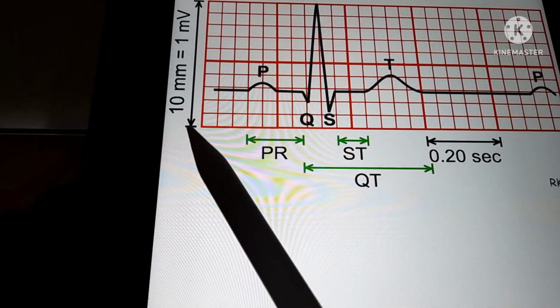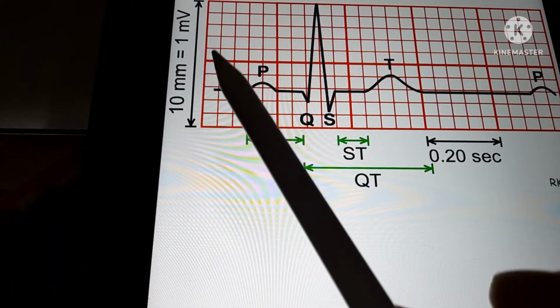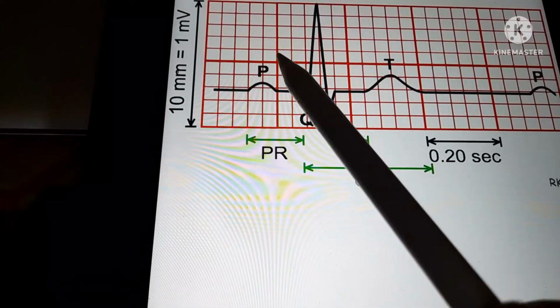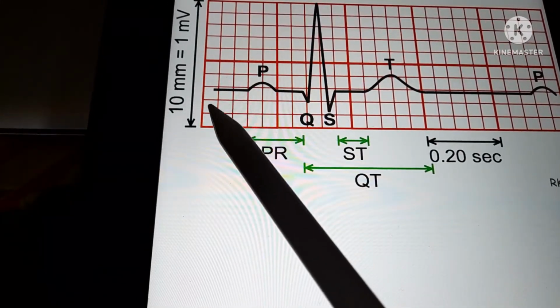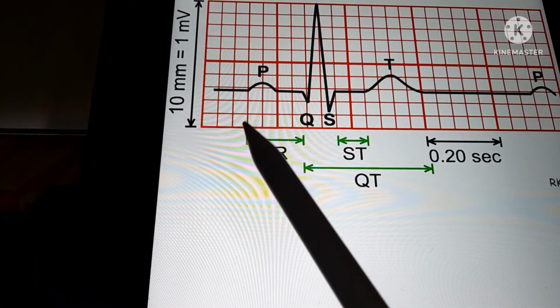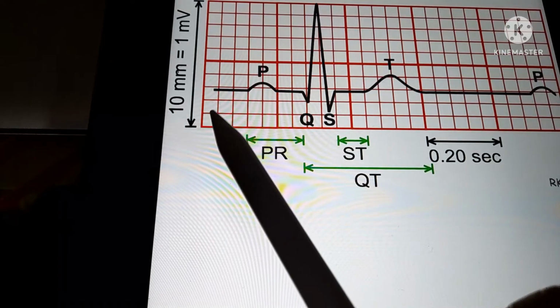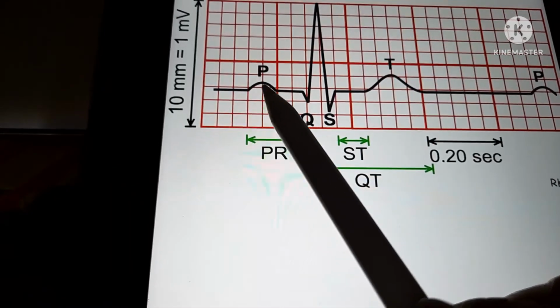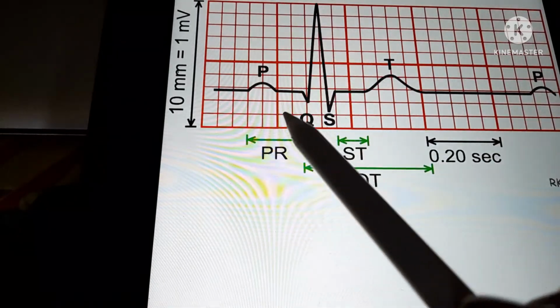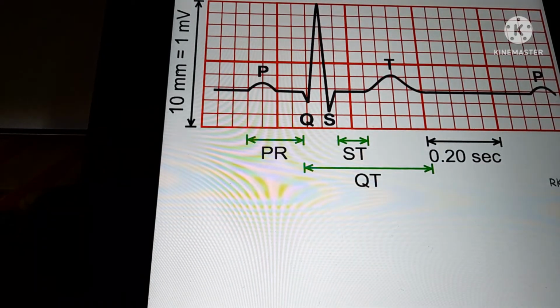As we can see, the standardization is given over here, two large boxes, and one large box is about 5 mm and two large boxes are 10 mm. We should also know that one large box is equal to 0.5 millivolt, and two large boxes will be 1 millivolt.